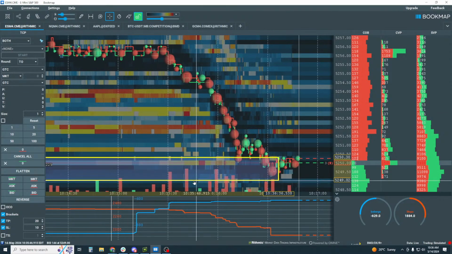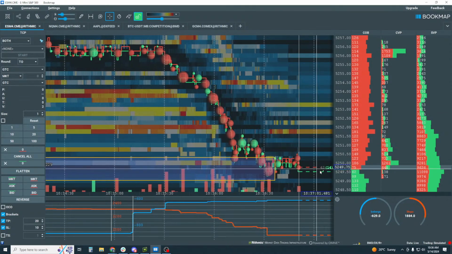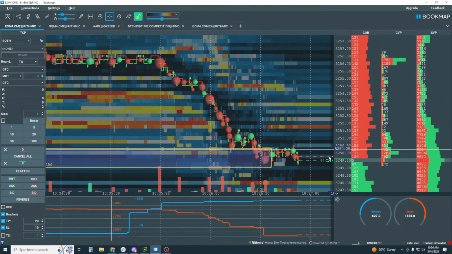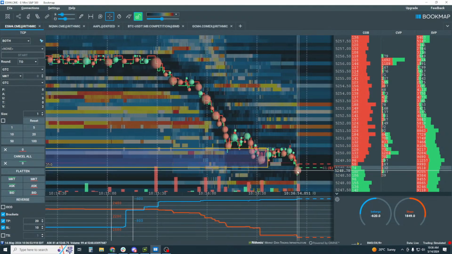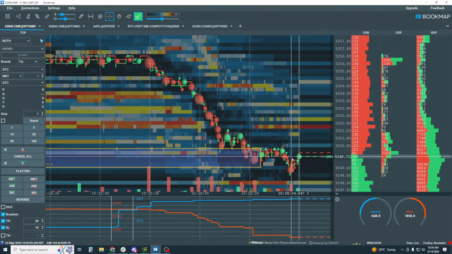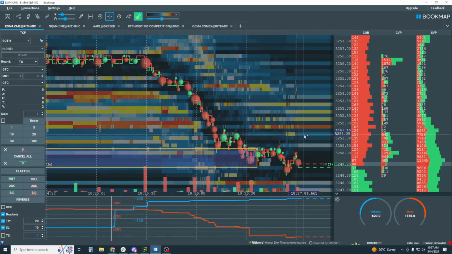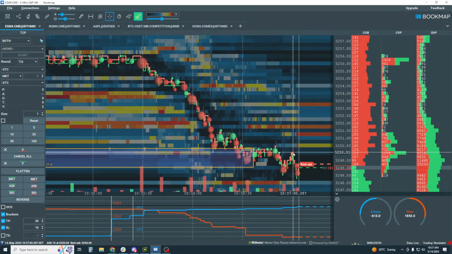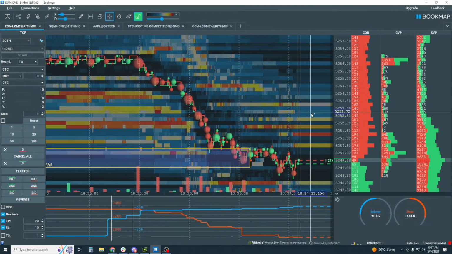Okay, so we're looking for some buyers to maybe start coming in here, and let's see if we get our exhaustion down here. No, we do not. Okay, we're still trending lower. Actually, exhaustion on the buy side right here. Continue lower.